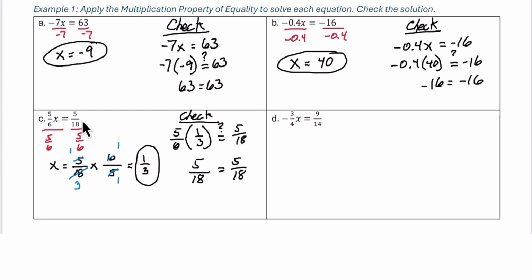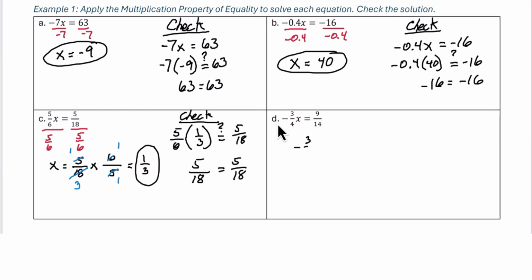Notice we have 5/18, and then we changed this 5/6 to the reciprocal and multiplied. That's what we're going to do here. We're just going to do it without showing this division step. We will simply start by multiplying by the reciprocal.